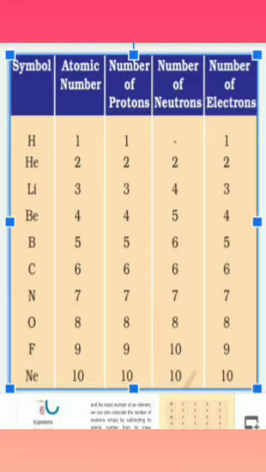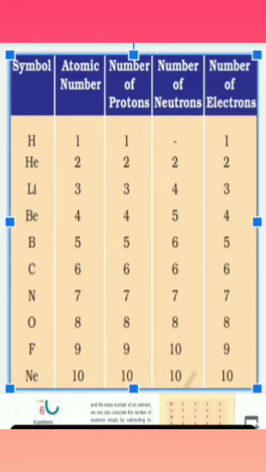And then carbon. Carbon: protons 6, neutrons also 6, so totally 12. Nitrogen atomic number 7, protons 7, electrons 7, neutrons also 7. So atomic mass of nitrogen is 14. And then oxygen atomic number 8, protons 8, electrons 8, neutrons also 8. So atomic mass of oxygen is 16.